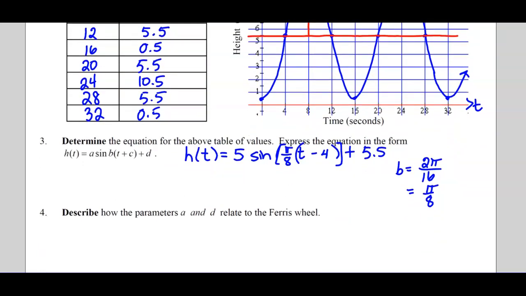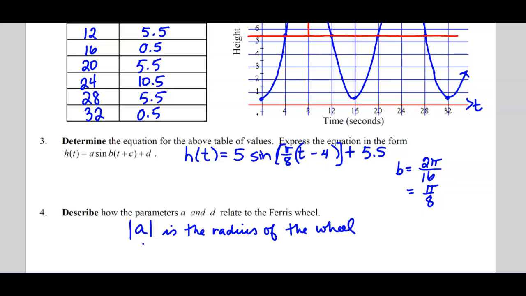So how do those parameters, we already talked about it. A, we should probably put in an absolute value of A in case we did, say, a cosine or a reflection for sine. The absolute value of A is the radius of the wheel.